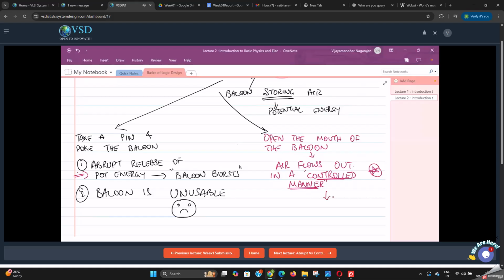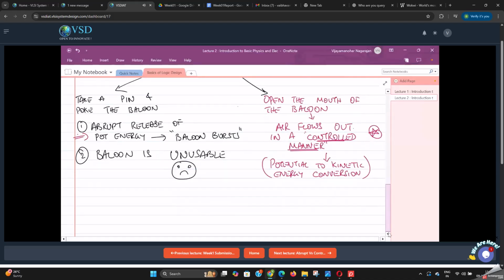So what is happening? Potential to kinetic energy conversion is happening. Correct? Because the inside pressure is more, or the potential is more, the air is flowing out of the balloon. So the flowing out air has kinetic energy.